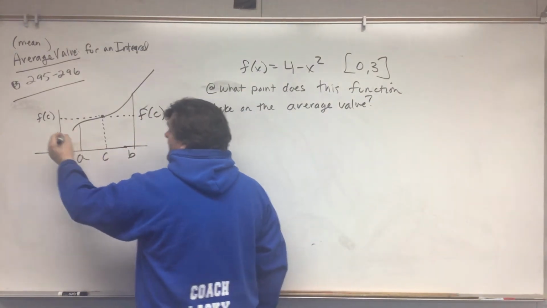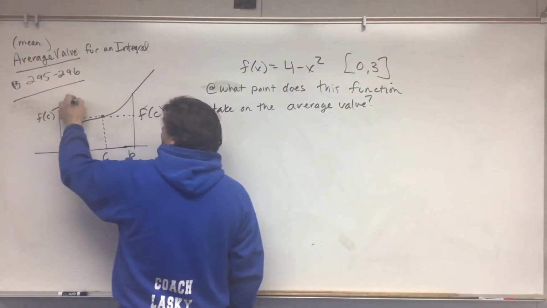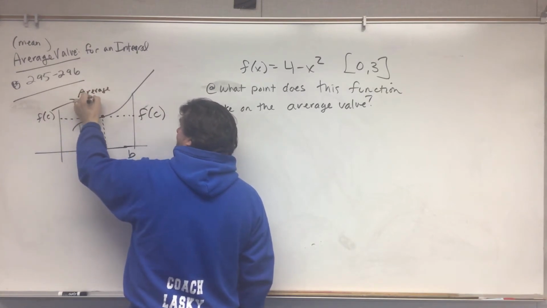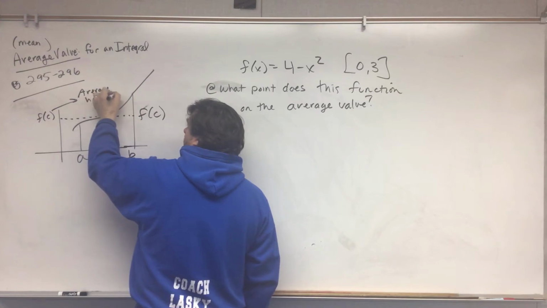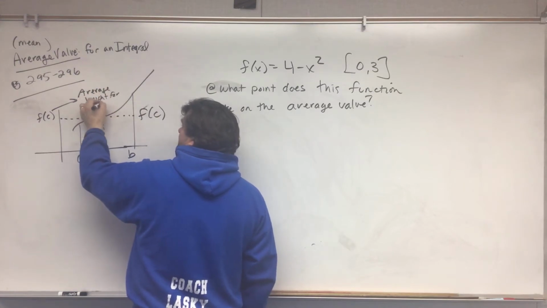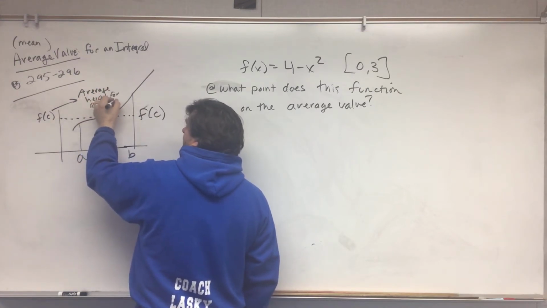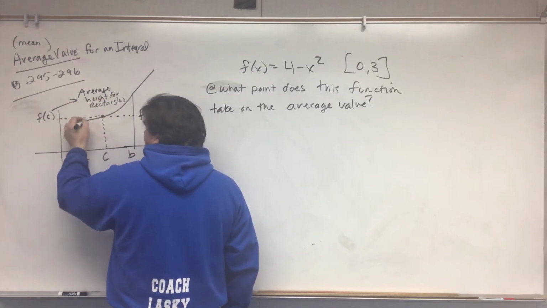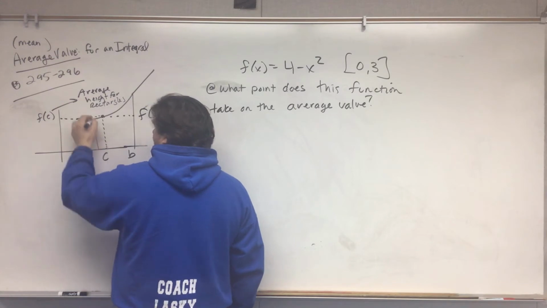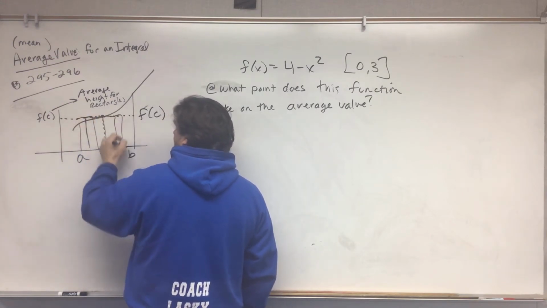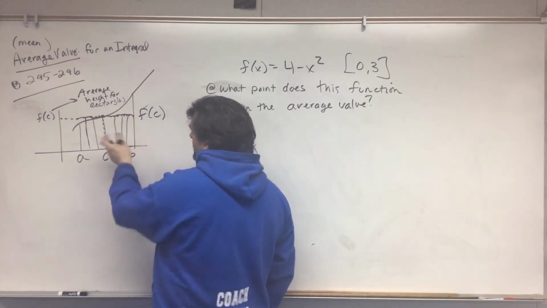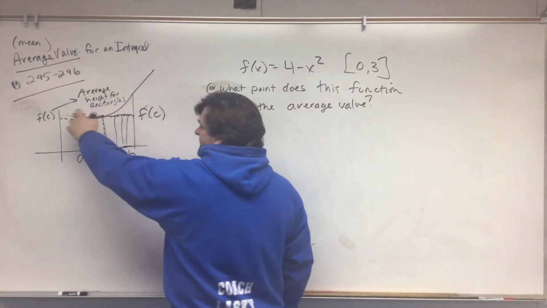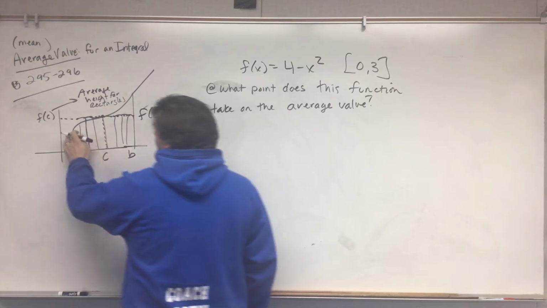So really what we're finding is the average height for all those different rectangles we would find in here. If this is the average height, then it's going to be pretty close to the value of the integral.